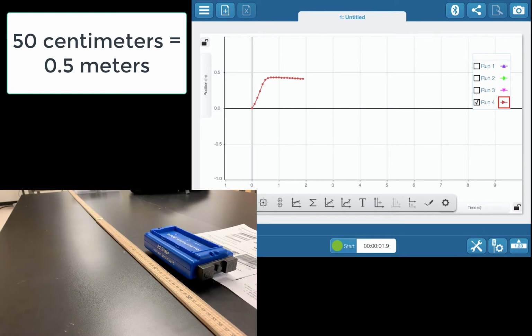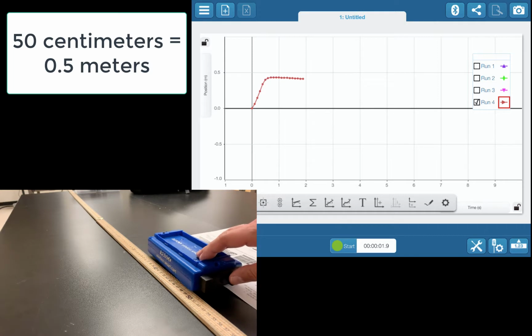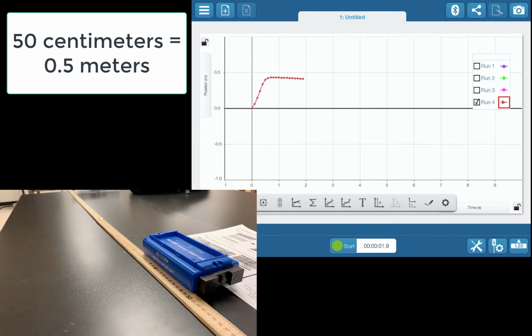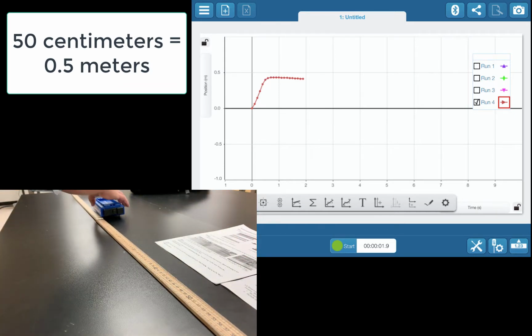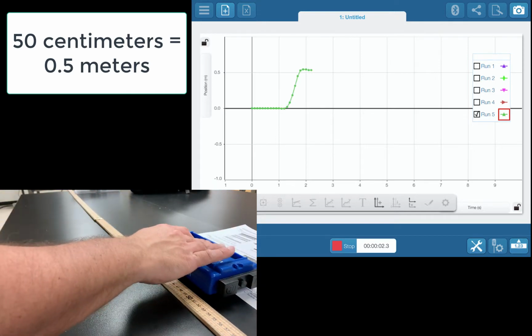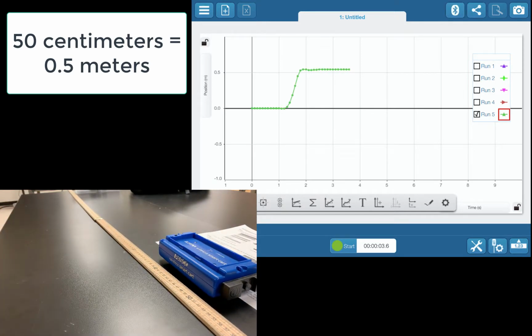And so we can see when I was moving the cart, and I guess I didn't quite get to 0.5. Let me run that one more time so we can try to get a little bit better data. So reset the cart and start and really quickly to 50. There we go, that's a little better.